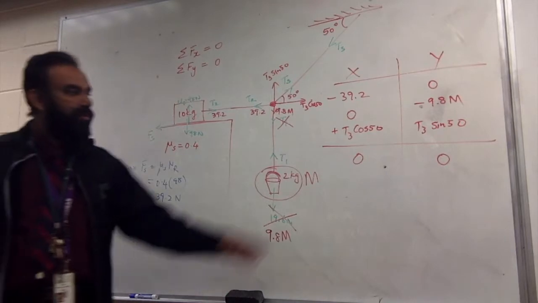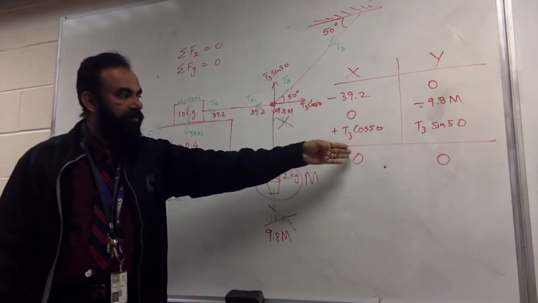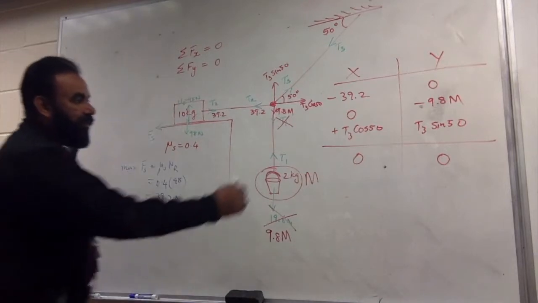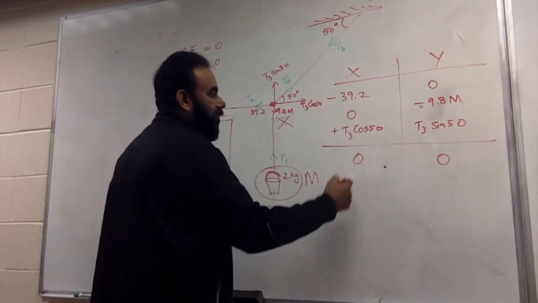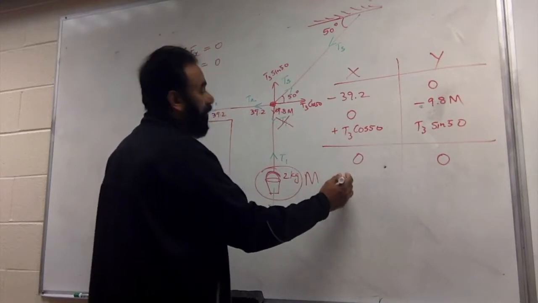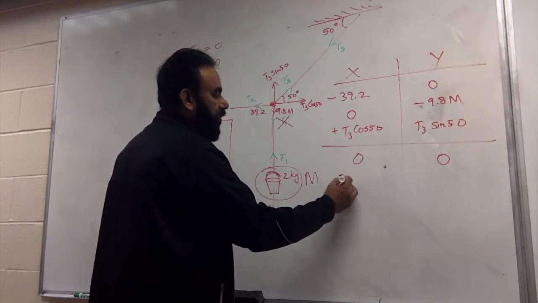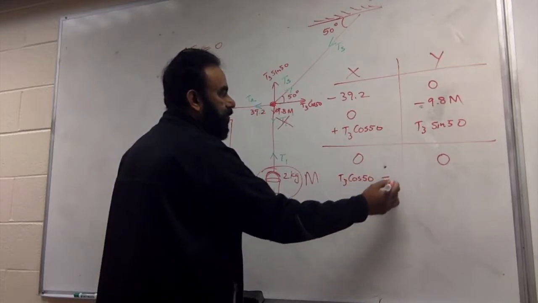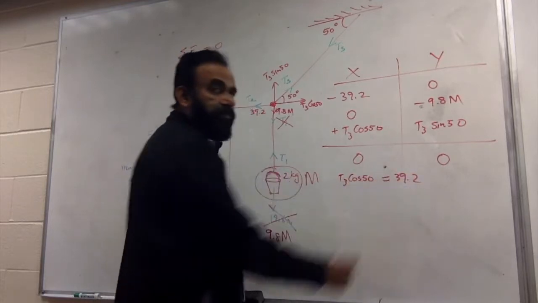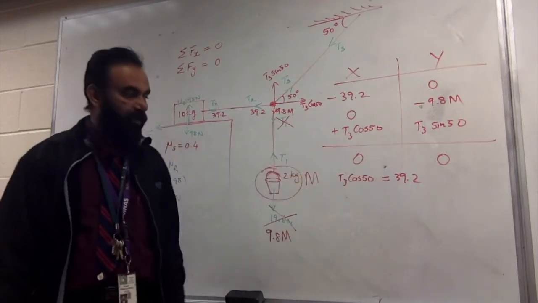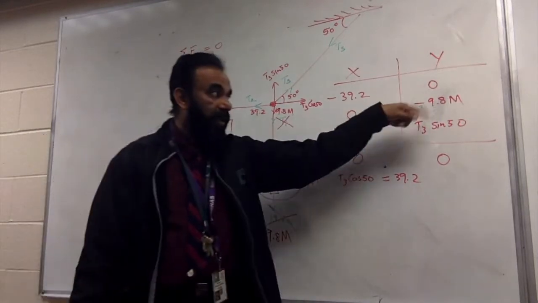So what you have to do now is equate these. If I add this up and equate it to 0, you get T3 cosine 50 is equal to 39.2. Is that right? If I add this and equate it to 0, I can shuffle it that way.